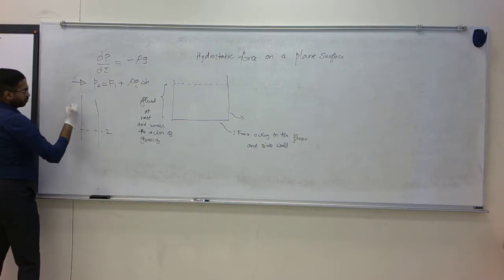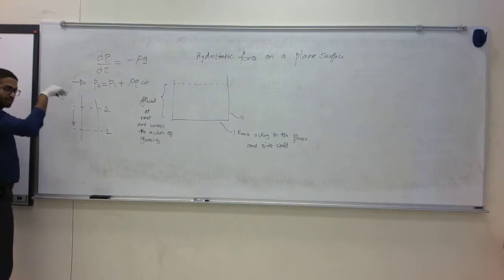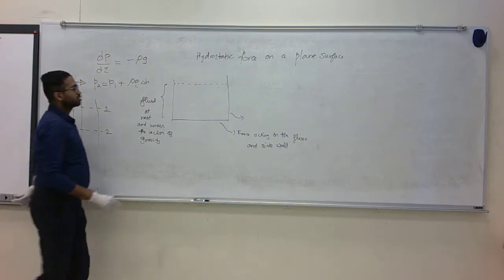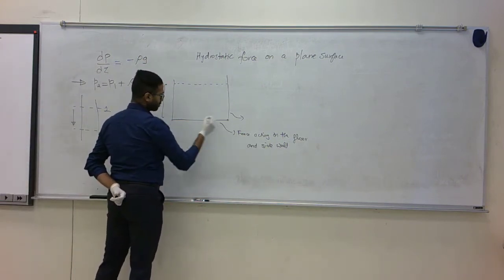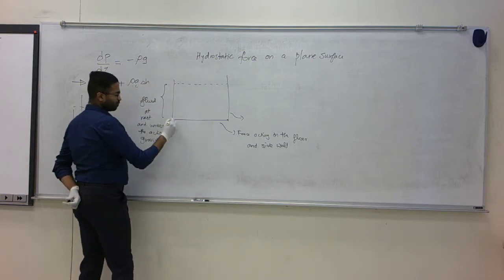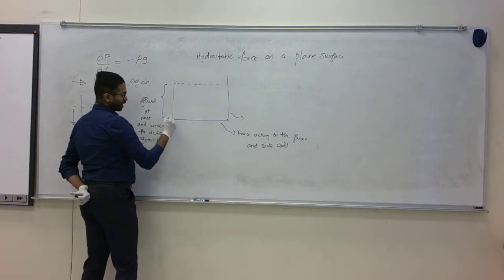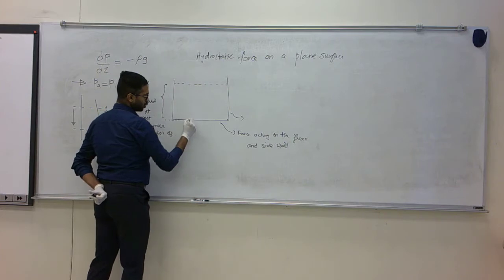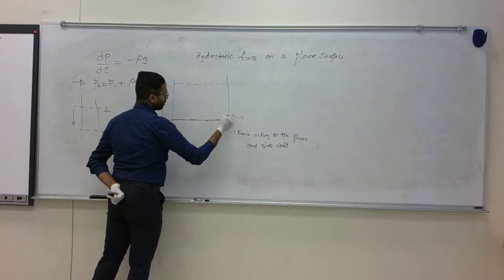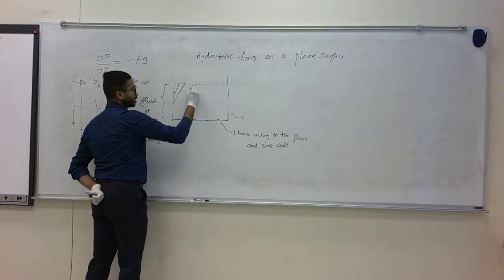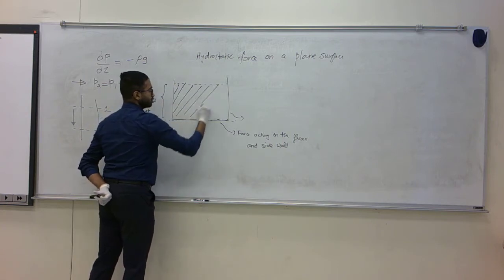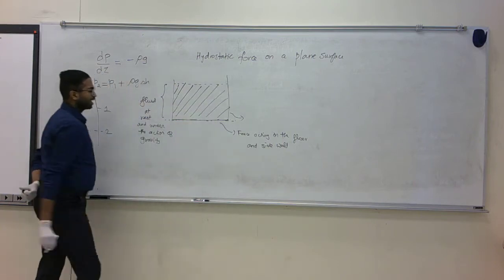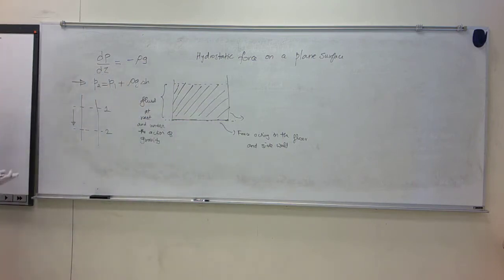That is, if you have point 2 being below point 1, pressure increases as you go down, which means the floor is subjected to a pressure that is due to this amount of liquid or fluid that is above it. Okay, and what else did we learn in the last lecture?